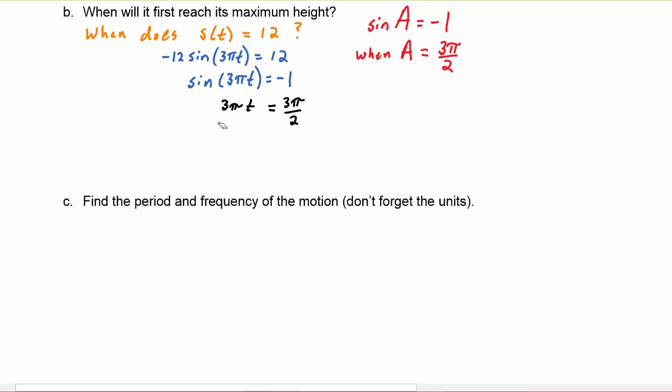We have to get t by itself, so we can divide by 3 pi. I think it's safer to multiply by the reciprocal. So we'll take 3 pi over 2 and multiply by 1 over 3 pi. We see the 3 pi's are going to cancel, and we are left with t is equal to 1/2. And we know that the units of time in this problem are minutes.